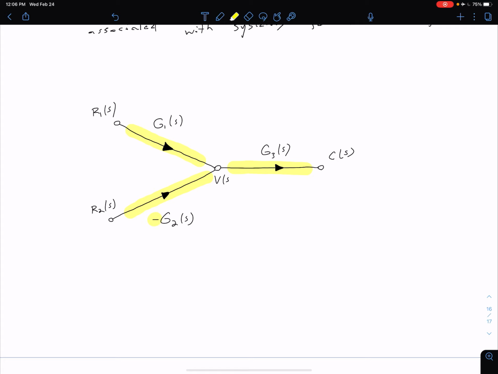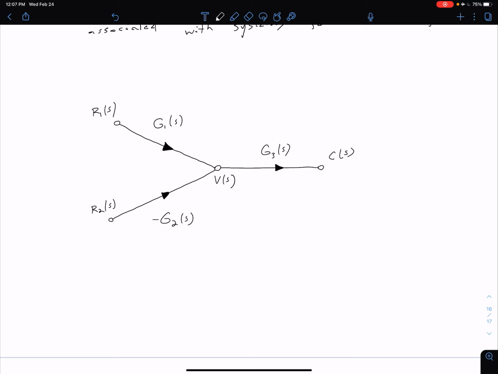Note that this negative sign is associated with this system G2 because again, we don't have any summing junction as we're combining the signals at V of S. So that's why we have to have that negative with our G2.